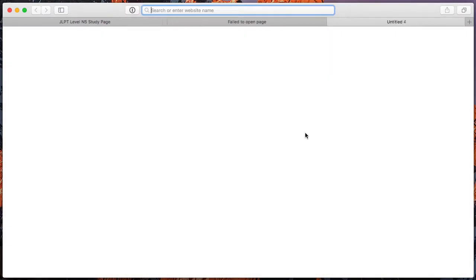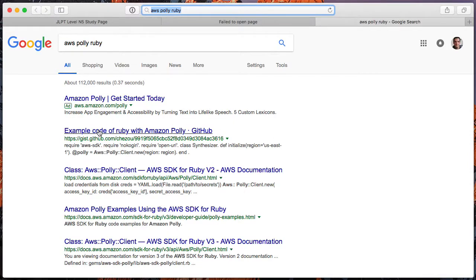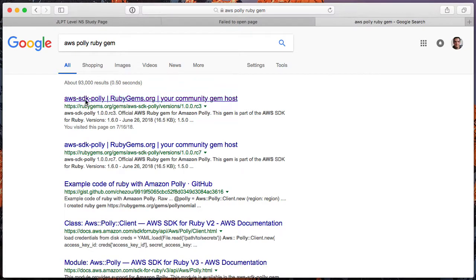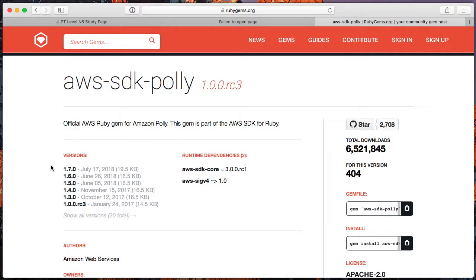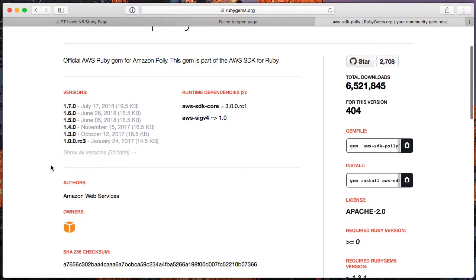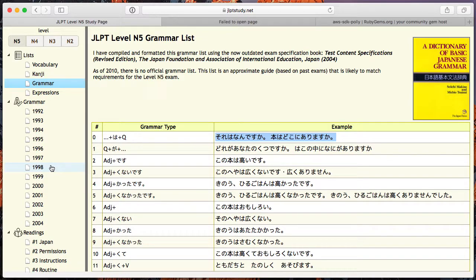There is a gem for the Amazon Web Services Polly service, which is a simple text-to-speech engine, and it supports Japanese really well. I'm assuming that that is what they're using for the Alexa Japanese support as well. So anyway, that's simple enough.